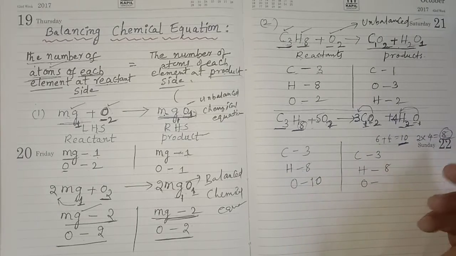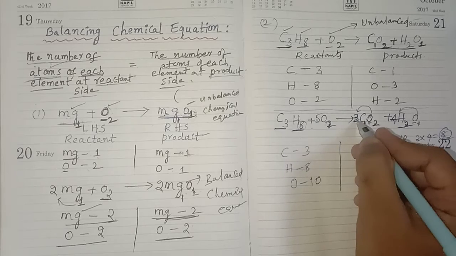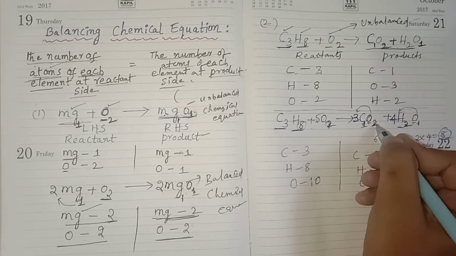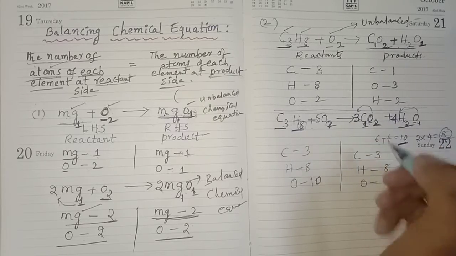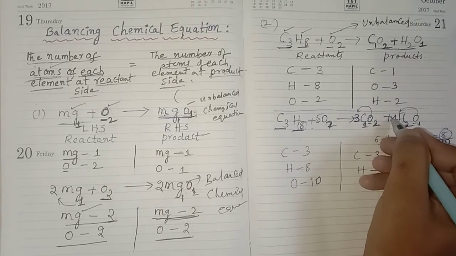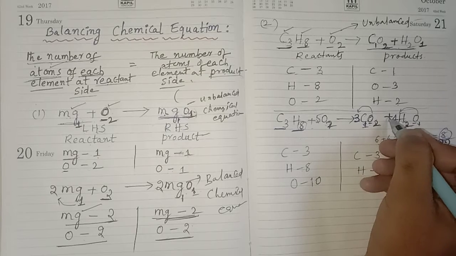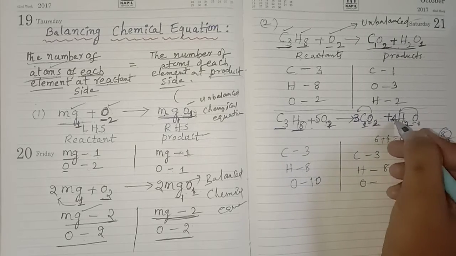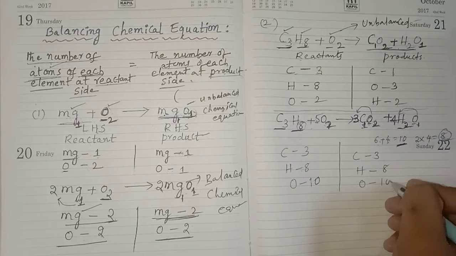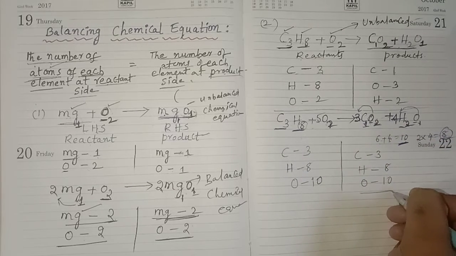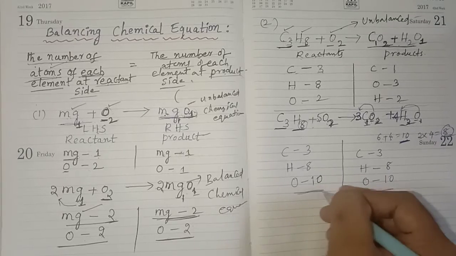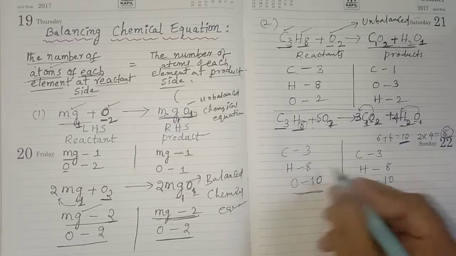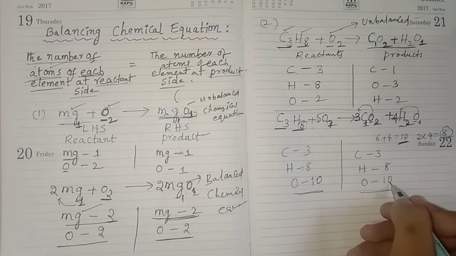See the oxygen here. 2 into 3 coefficient, you have to multiply 2 into 3, which is 6. Plus 1 into 4, which is 4. 6 plus 4 is 10. So the oxygen atoms at the product side are 10, and at the LHS you will get 10. Therefore carbon 3 and 3, hydrogen 8 and 8, oxygen 10 and 10.